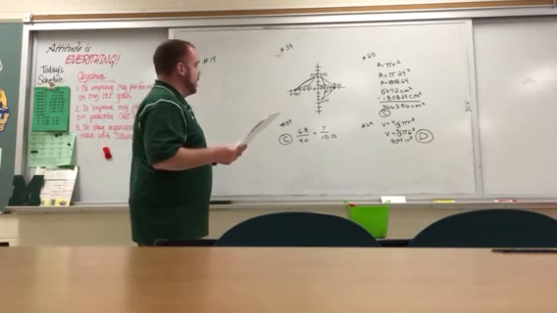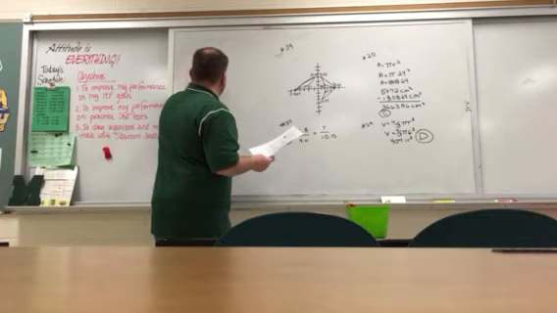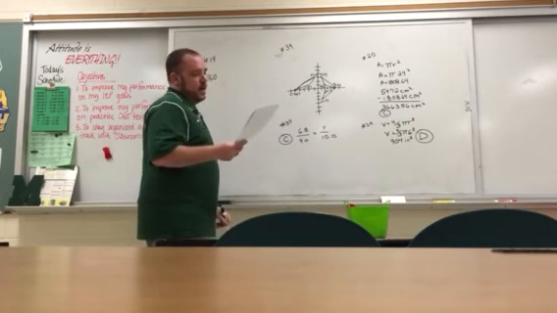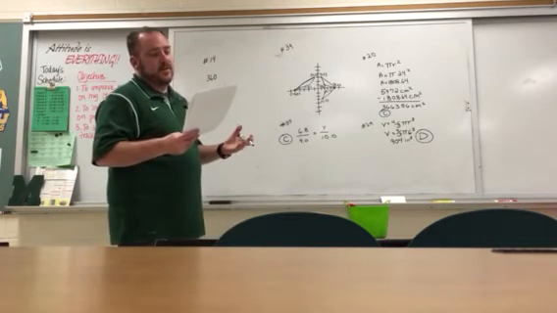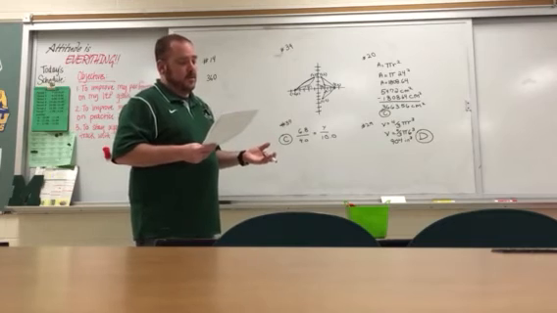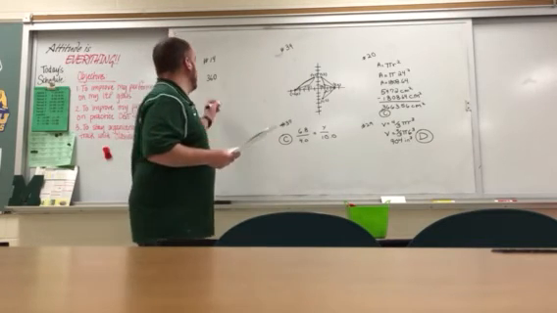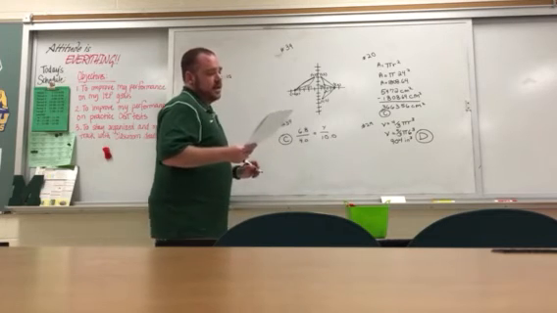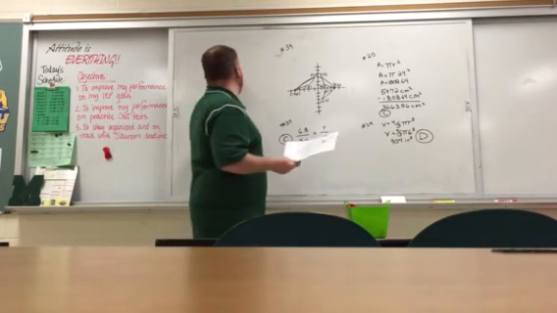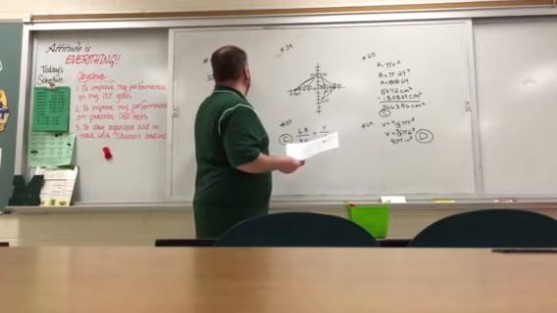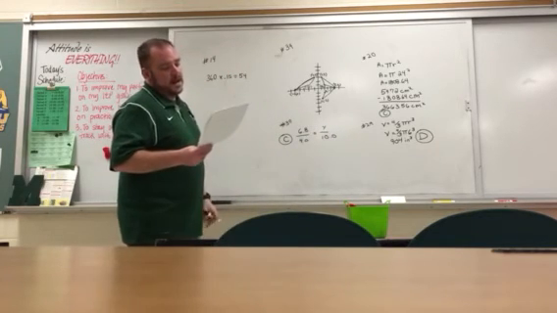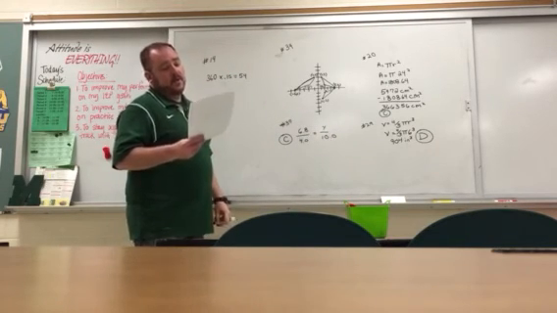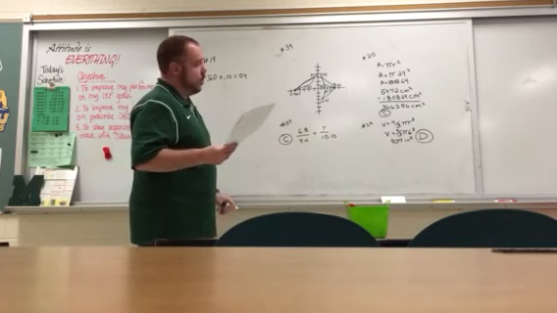First thing we need to do, we take the total amount of people we have, 360. It tells us that physicians and dentists make up 15% of the total. So we're going to multiply 360 times 0.15. That gives us 54 physicians and dentists. Then it tells us that 48% of those people are women.